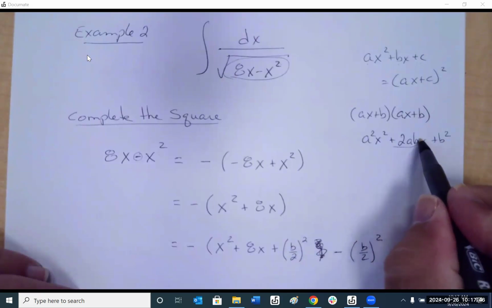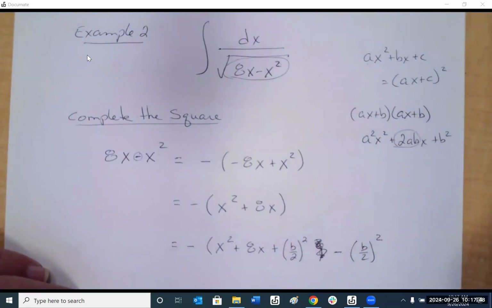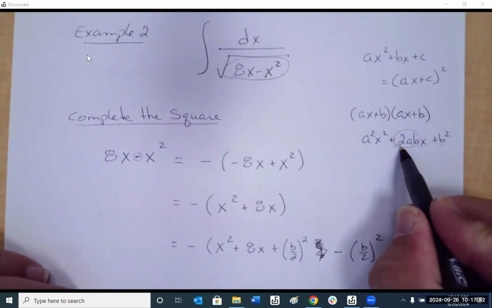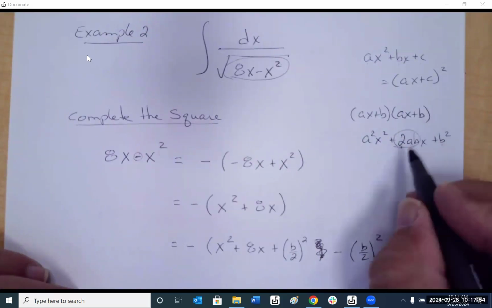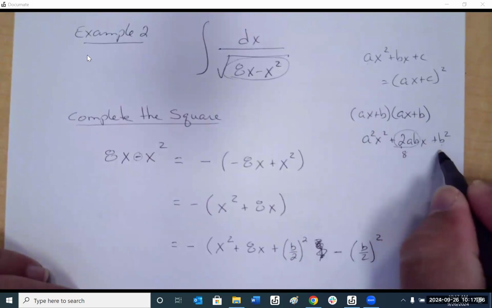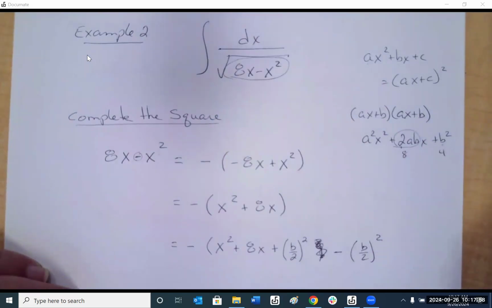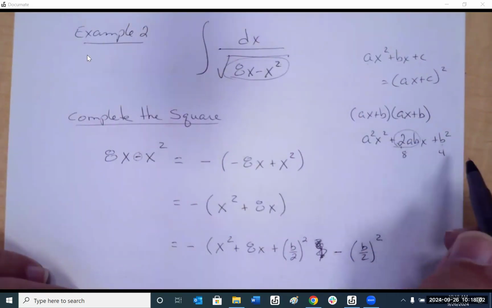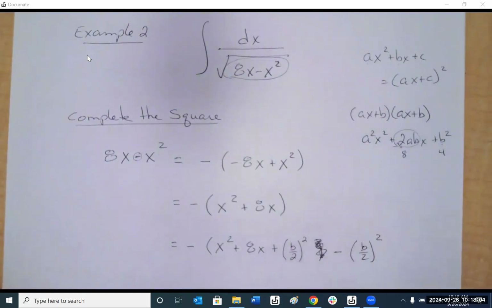So whatever this is, when we put it over here, it's got to be half of that because it's doubled. So if this was 8, this would have to be 4, because we have to multiply by 2. So that's why we divide by 2.